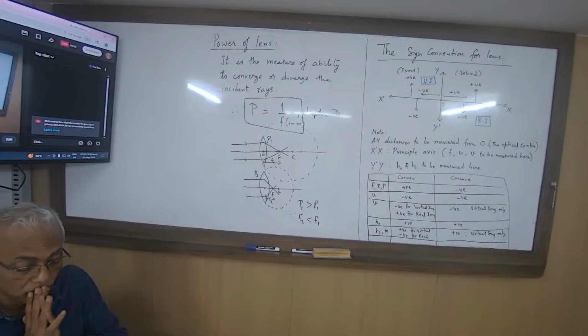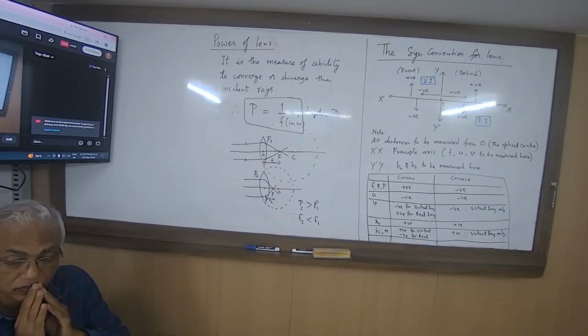Because the ray at O is not deviated. It should go straight. That is one error. The other error is that the parallel ray is passing through 2F. Where should the parallel ray pass through? F. Correct? So both are not correct.